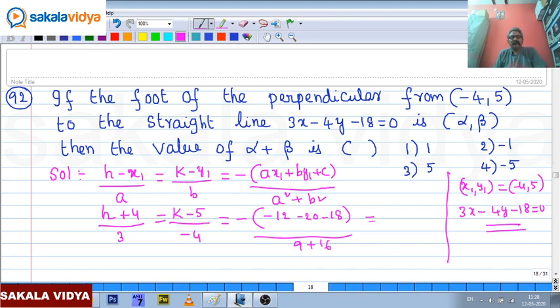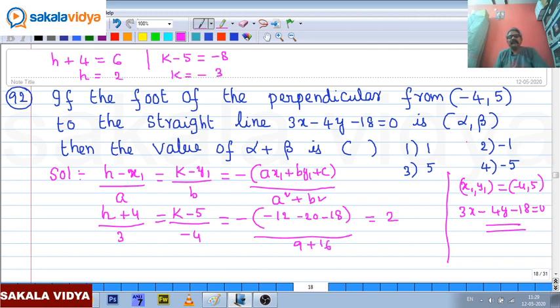So this will be how much? 18 plus 12 is 30, correct? 30 plus 20, minus 50, so 50 by 25, 2. That means h plus 4 equals 6. k minus 5 is equal to, we have minus 8. Carefully check it. So k will be minus 3.